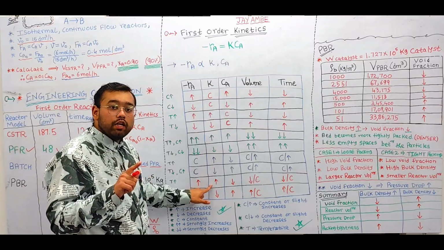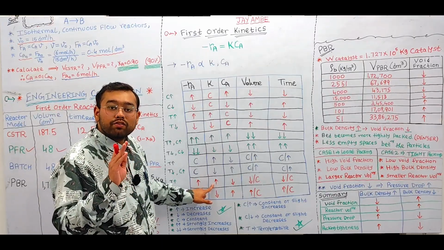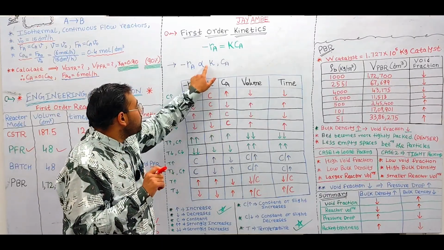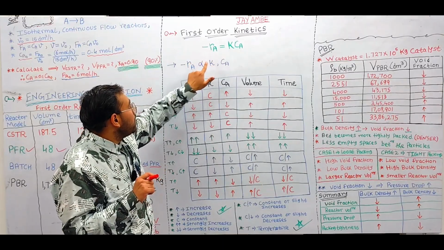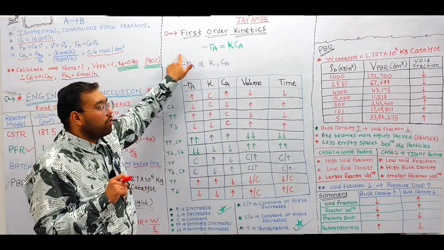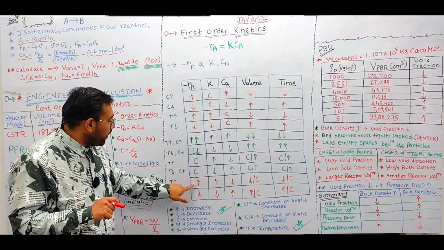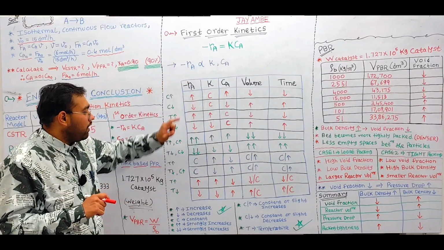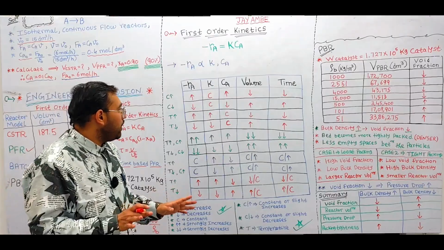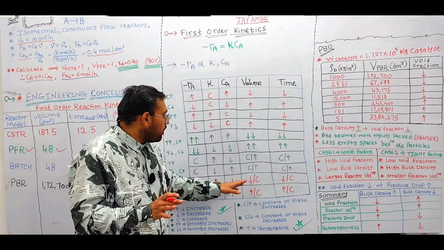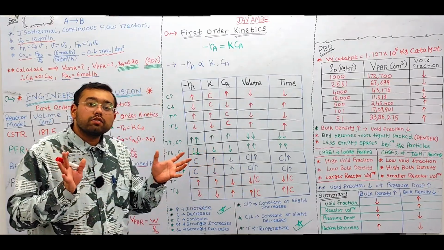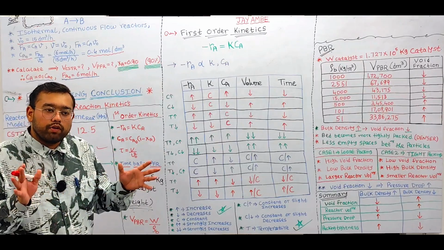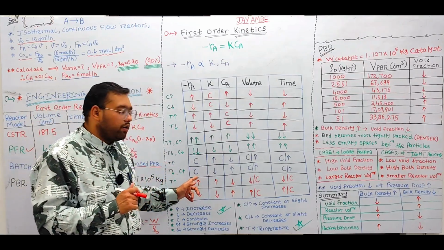But simultaneously we are increasing the reaction rate constant. So due to the increase in the reaction rate constant, the reaction rate will also increase. Due to those reasons the volume of the reactor will decrease.